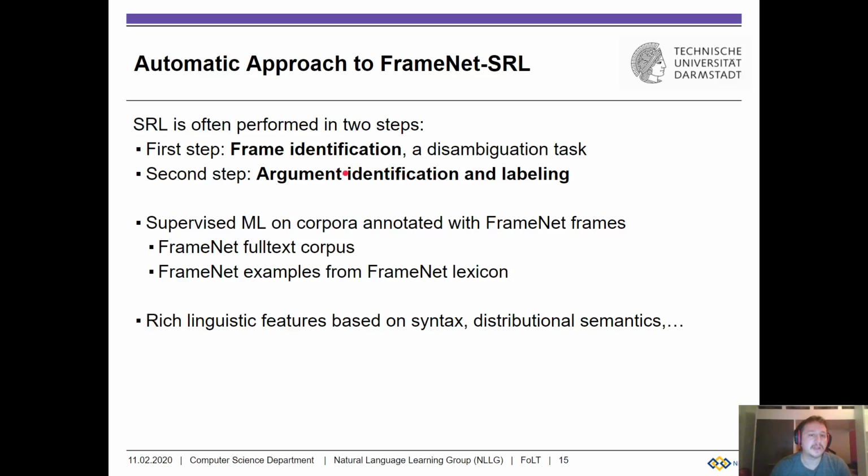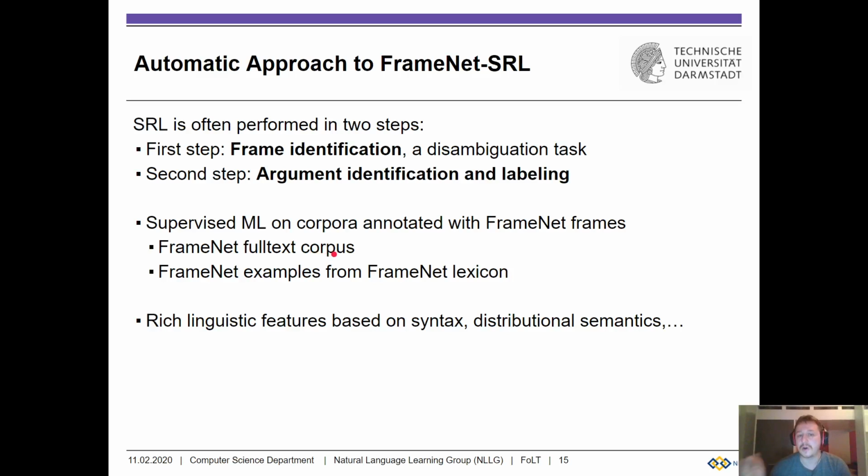And in the second step, we would identify the arguments, for example, using BIO tagging, and also by reference to FrameNet. So we check which frame is being invoked, which arguments it typically has, and then we try to map this back to the actual sentence. And we would also have to label the semantic roles of the arguments. Luckily, we don't have to do this with regular expressions or something, but we can use machine learning approaches because annotated corpora with FrameNet frames are available, for example, the FrameNet full text corpus.